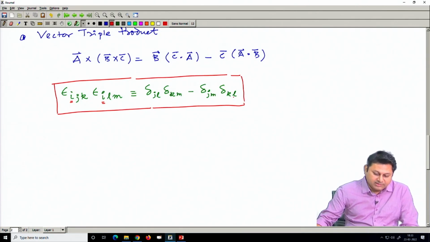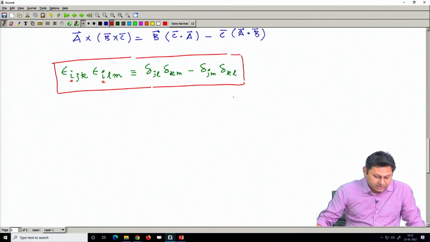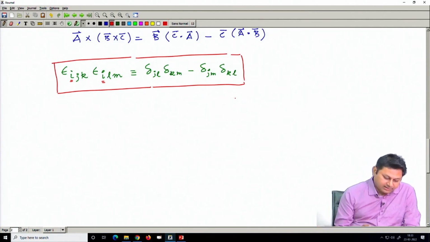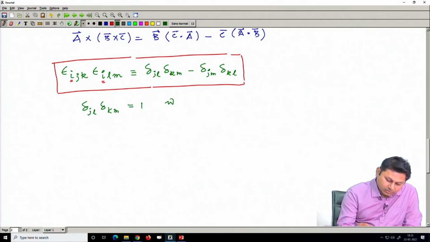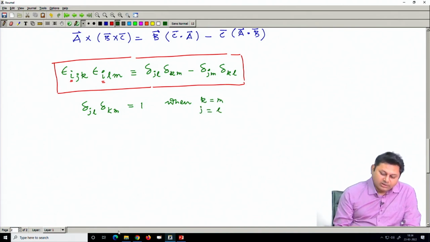Well, I am going to use this to prove this vector identity. So, now what is this quantity? Let us quickly understand this delta. So, delta_jl delta_km should be 1 when k is equal to m and j is equal to l. This is the only condition when this is 1, otherwise it will be 0.